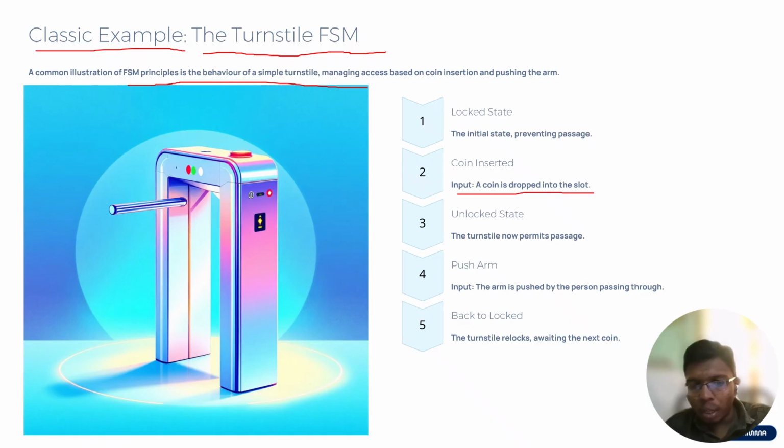The next step, unlocked state: the turnstile now permits passage. And the fourth step, push arm input: the arm is pushed by the person passing through. The fifth step, back to locked: the turnstile relocks, awaiting the next coin.